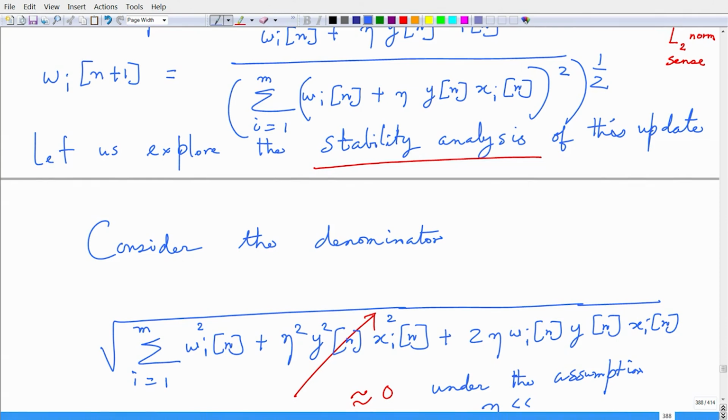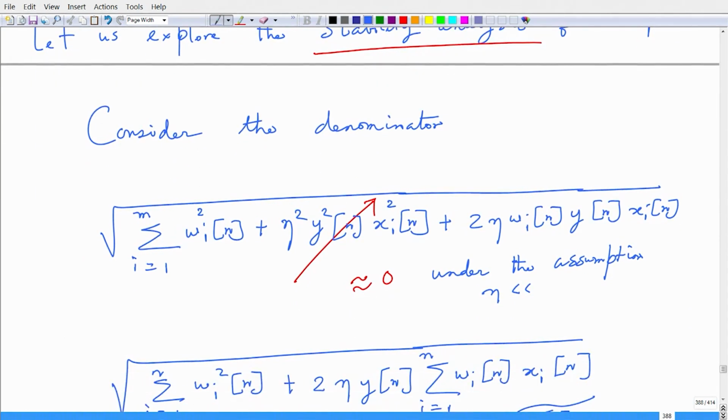I expand this square, it is in the a plus b whole square form, and I get wi square of n plus eta square y square of n xi square of n plus 2 times eta times wi of n y of n times xi of n.